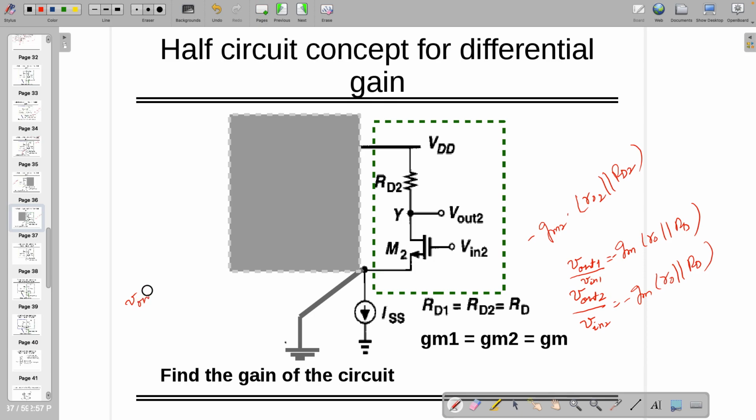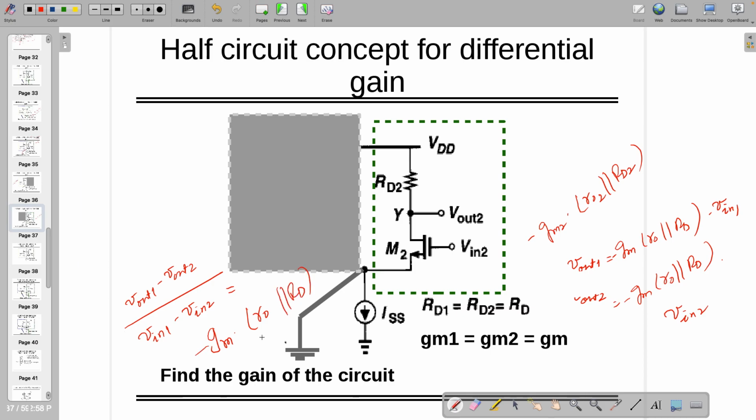V out 1 minus V out 2 divided by V in 1 minus V in 2 is going to be equal to, multiply by V in 1 and V in 2. If I subtract both quantities, V out 1 minus V out 2, what am I going to see? GM times RO in shunt with RD, right? Same gain. The only thing changing is the sign here. So the gain remains the same.